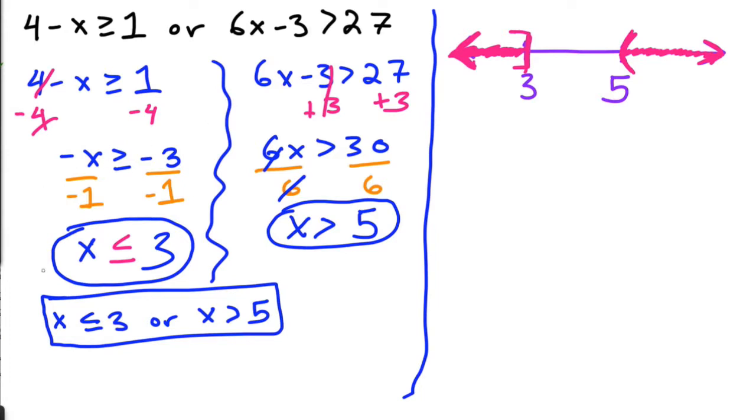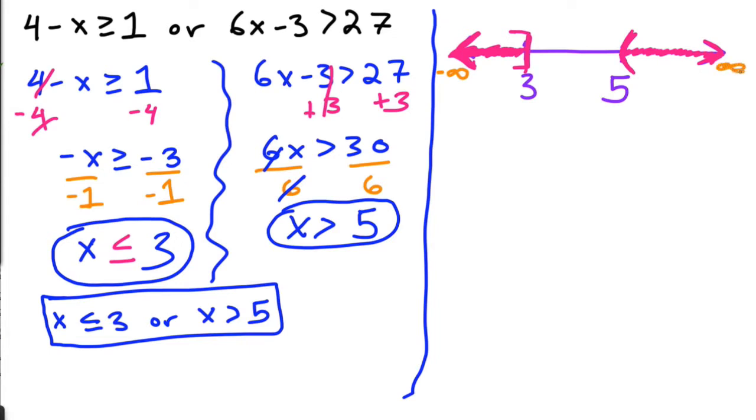Okay, now the question is, how do I write this in interval notation? So in interval notation, how do you describe the fact that this goes left of 3 forever? Well, if you go in this direction forever, where you're going towards, although you never reach it, is negative infinity. And here on the right, you're going towards positive infinity.